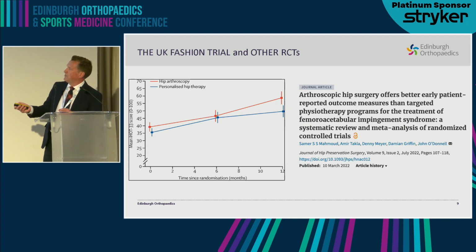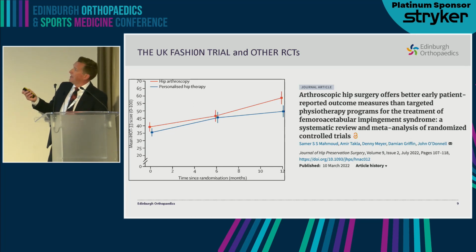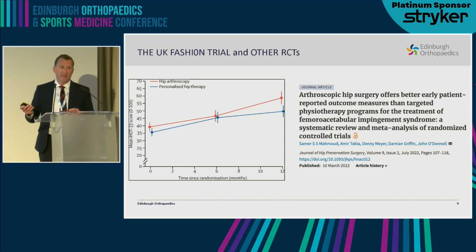More recently then, the same group have published a big review and meta-analysis article on all the different randomized controlled trials in the field of hip arthroscopy. And basically the summary is arthroscopic hip surgery offers better early patient-reported outcomes than targeted physiotherapy for FAIS.